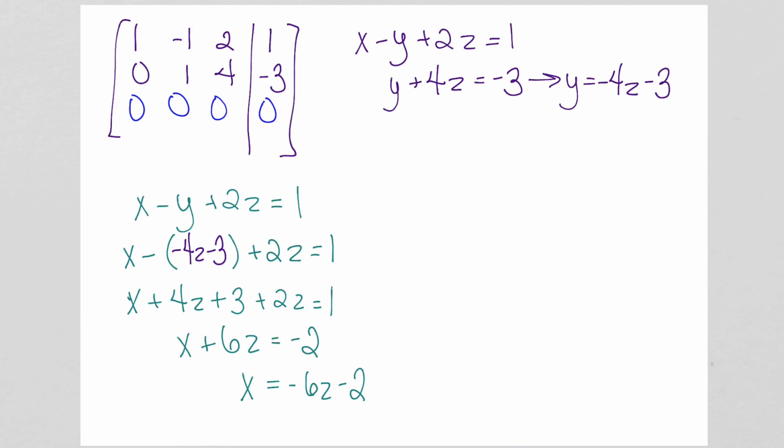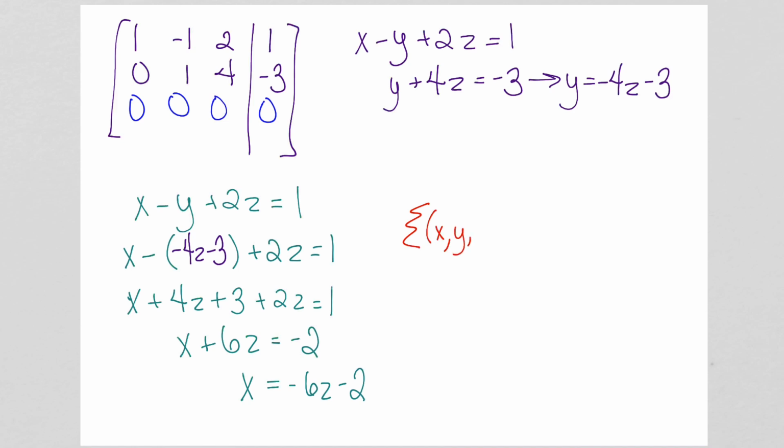So now what we've got is if we just say that z is any real number, then both x and y are in terms of z. So that gives us our solution. So here's how we write this.